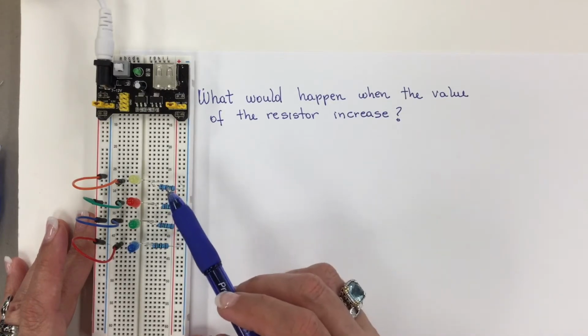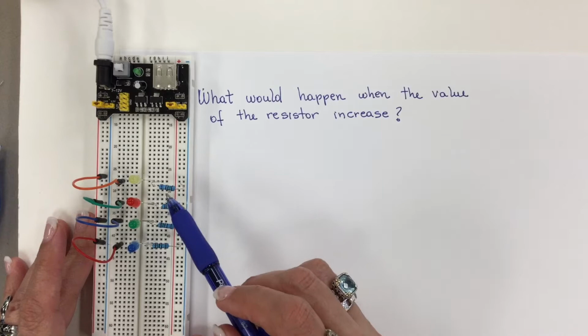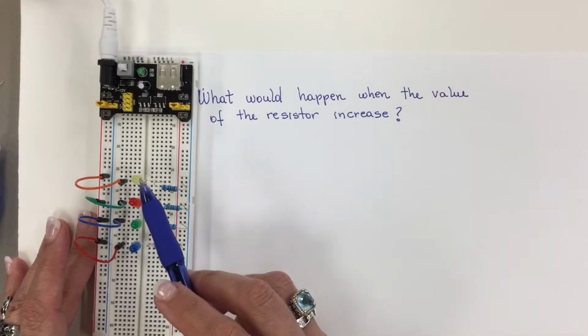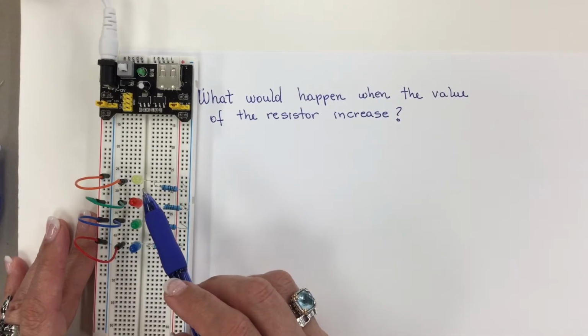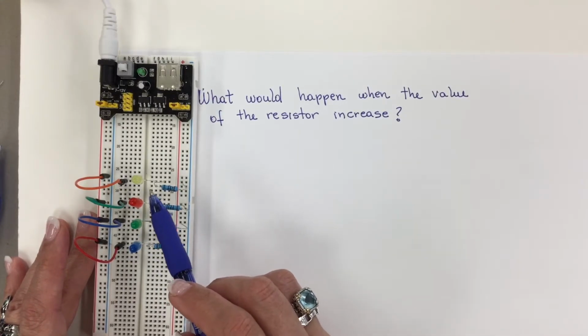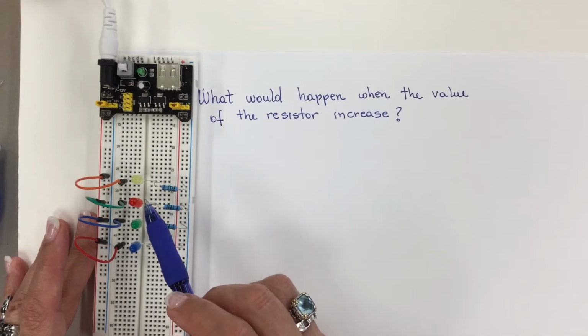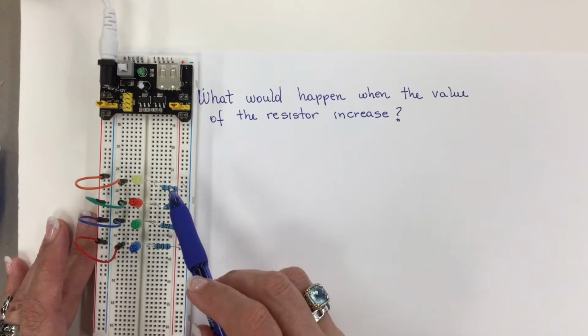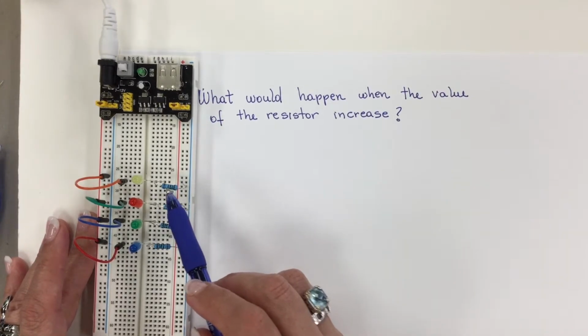Because the minimum value for a resistor to preserve the LED in terms of the operational restrictions, which is 2 volts and 20 milliamps. So what would happen if I change this resistor to a higher value?